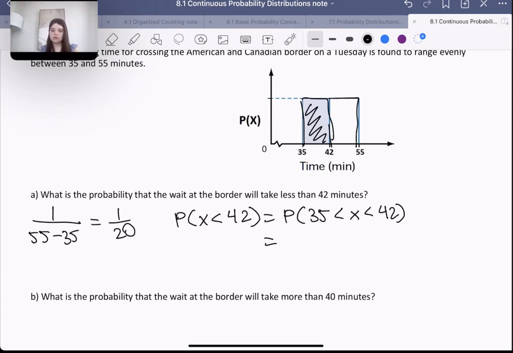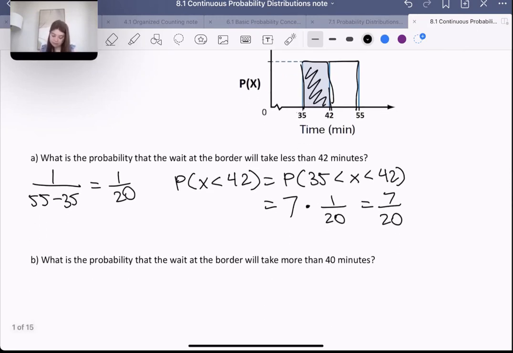So there's 7 minutes, and the probability of each minute is 1 over 20. That means the answer is 7 over 20. So that's our probability that the wait at the border would take less than 42 minutes.